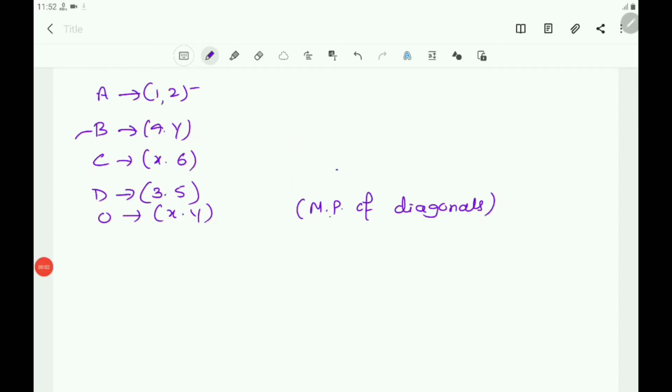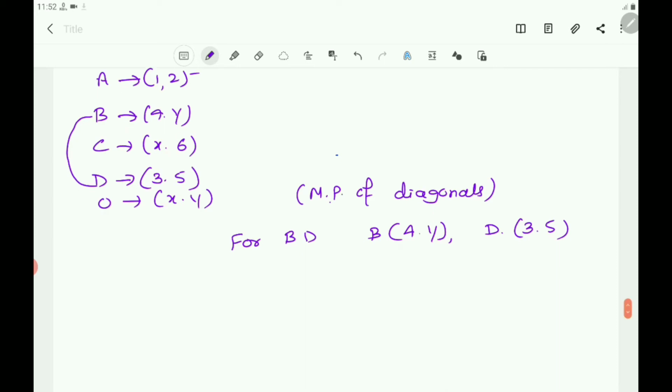Now let us take the midpoint formula for BD. For BD, B coordinates are (4, y) and D coordinates are (3, 5). Then the midpoint formula: O of (x, y) equals ((x2 plus x1) by 2, (y2 plus y1) by 2).